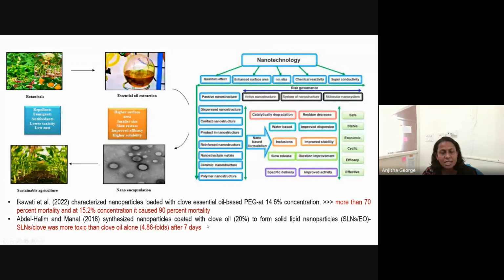So here the cost reduction will be there, as you are not using the bulk quantity of the oil. Instead, you are using clove oil or whichever oil in lesser concentration, and sometimes it could be a chemical analog also. Thereby you can reduce the cost of the final product.